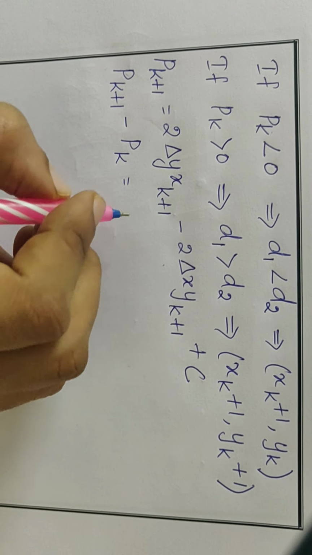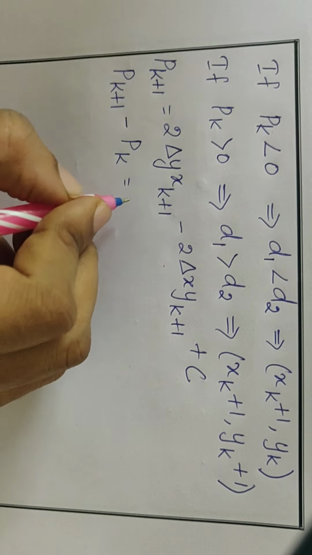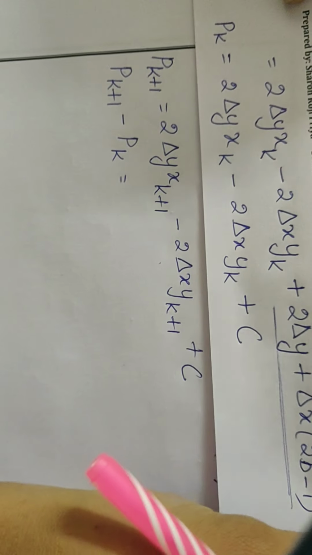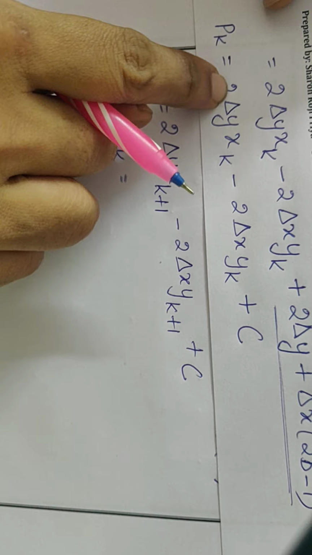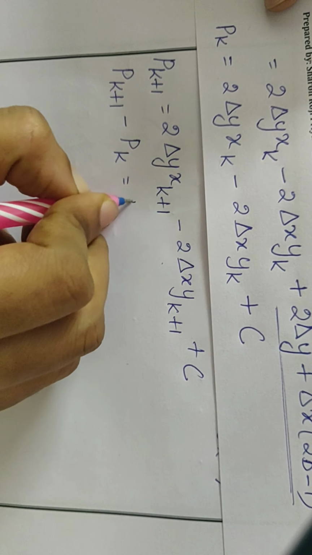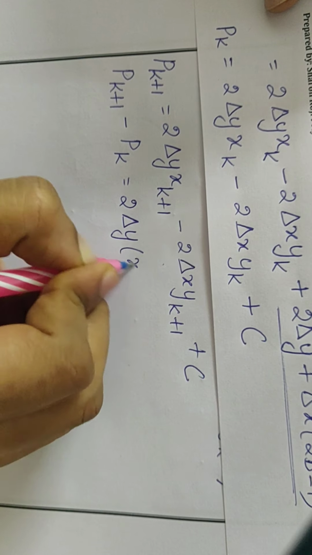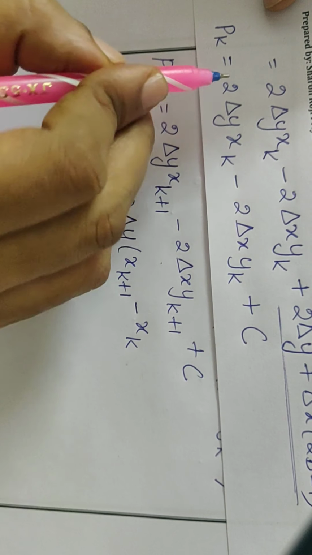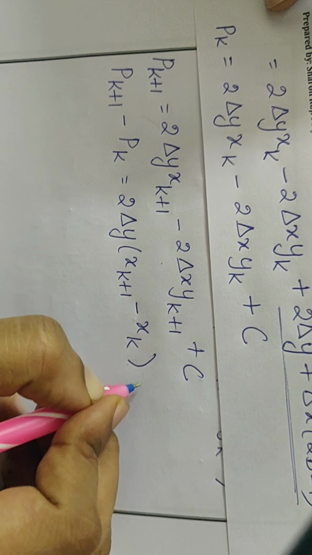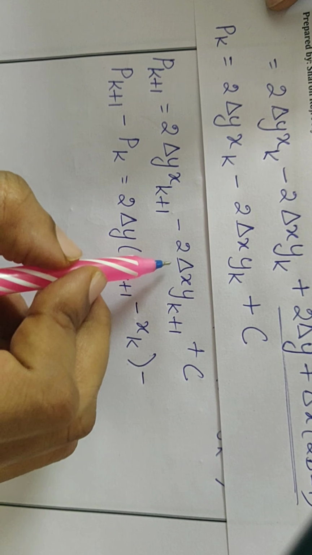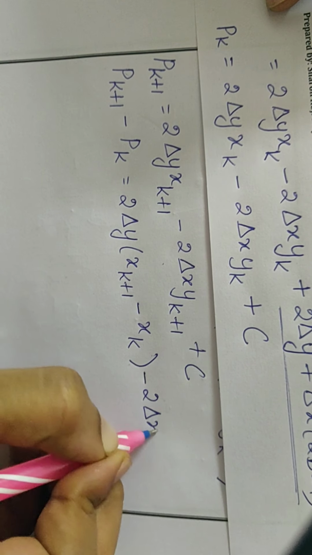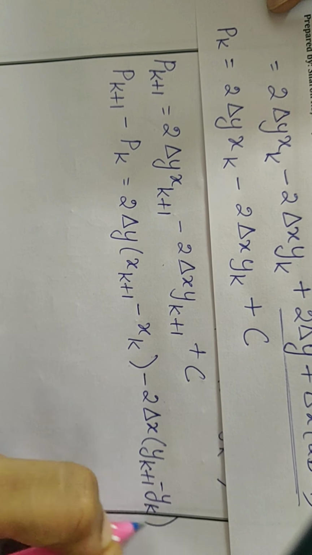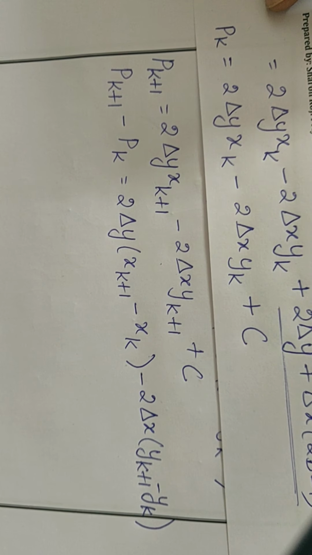What I'll get, subtracting both: 2 delta y times x k plus 1 minus xk. I have taken 2 delta y common. Then I have taken minus, 2 delta x common, and you write y k plus 1 minus y k. c minus c got cancelled.